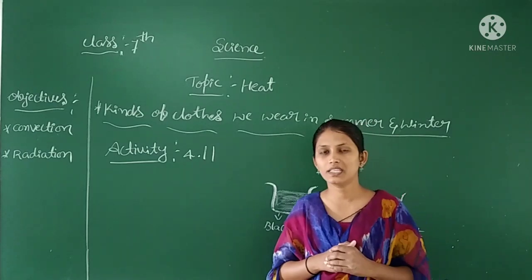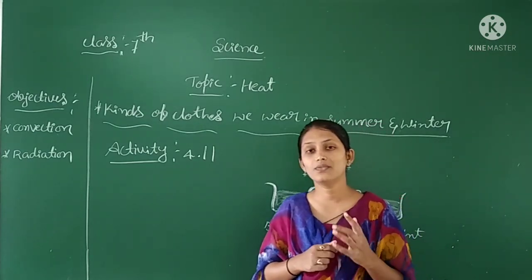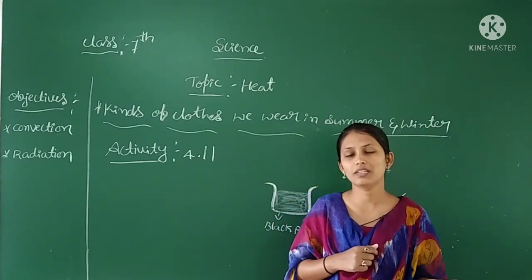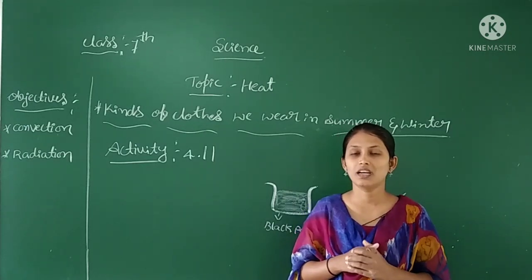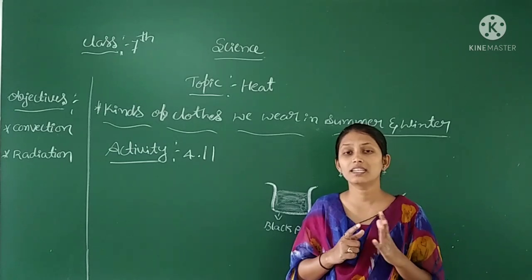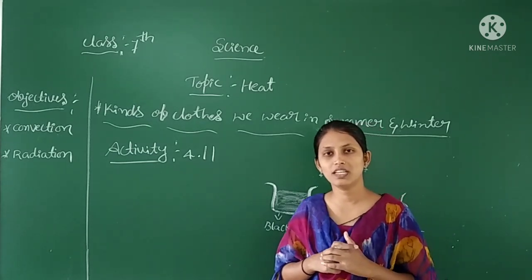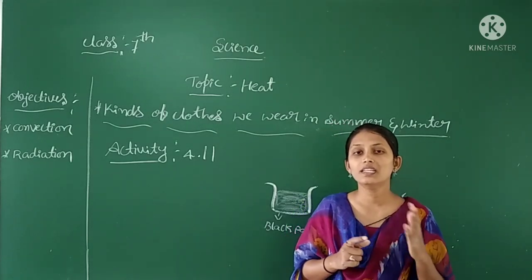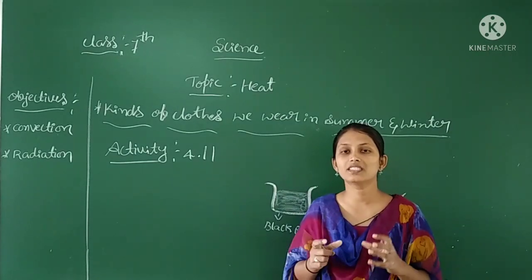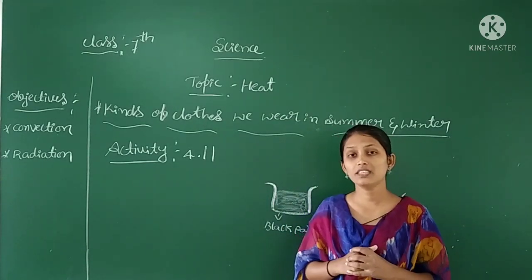At last we discussed the different kinds of clothes we prefer to wear during the summer season and the winter season. We also discussed the interesting phenomena of sea breeze and land breeze. The people who live in coastal areas feel the sea breeze and land breeze conditions. These are all the concepts we have discussed in this chapter, that is heat.